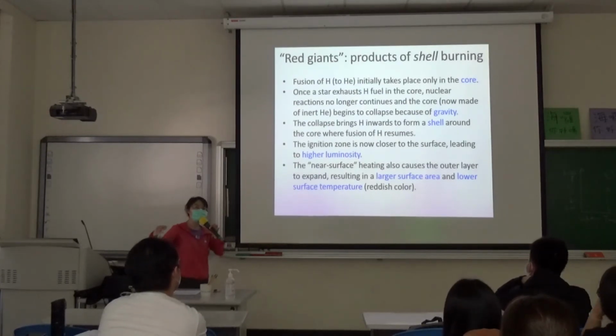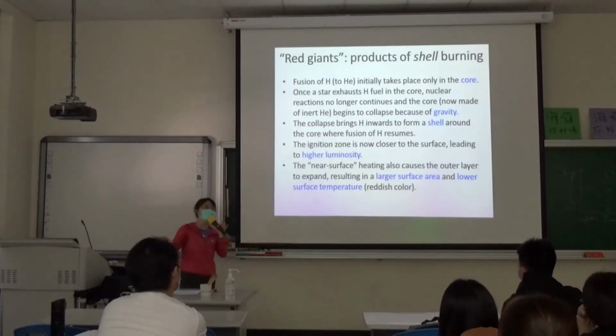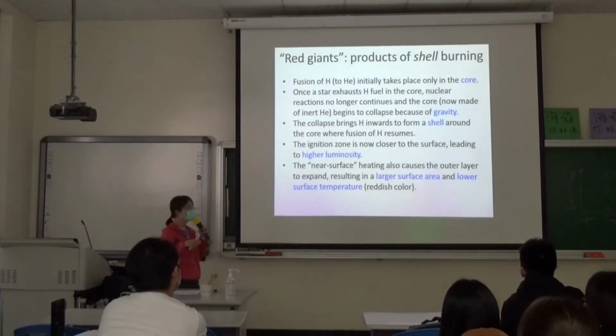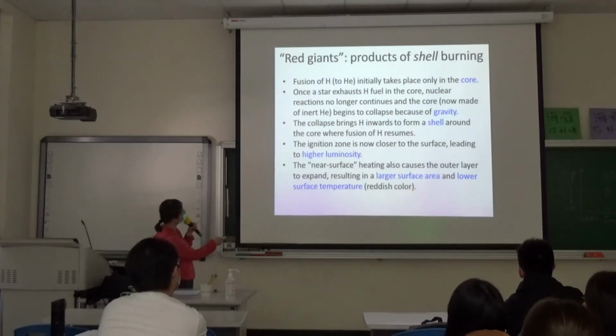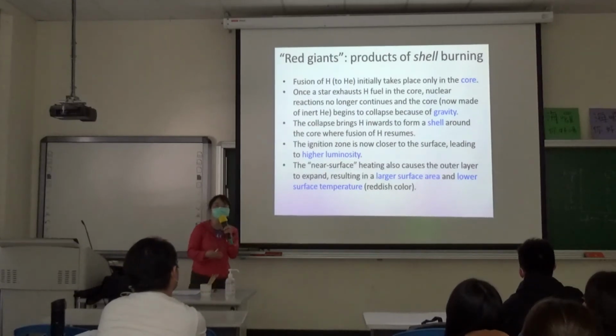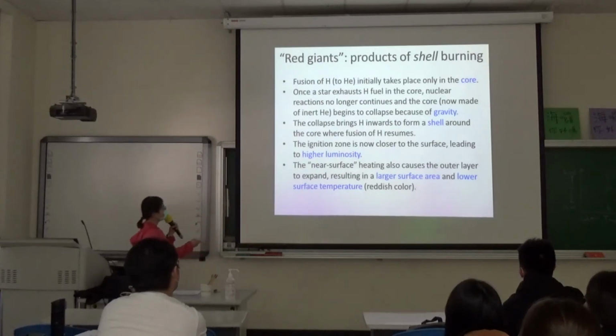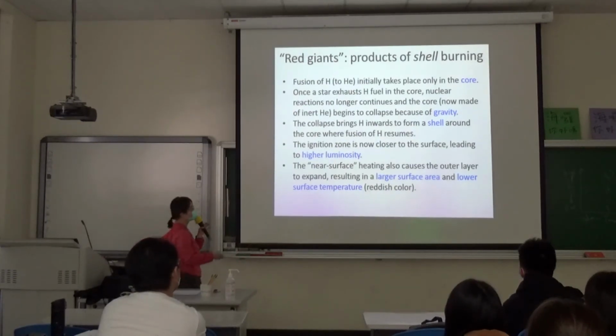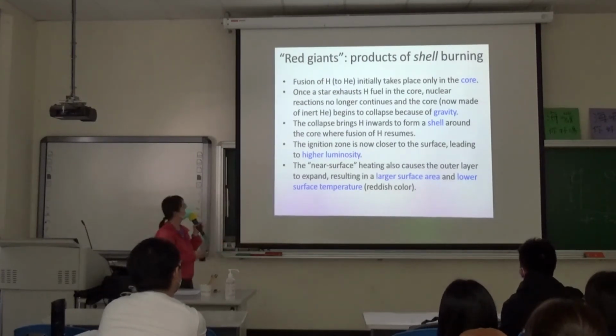The hydrogen, originally in the outer parts of the star, is now brought inwards to form a shell around the core, where the fusion of hydrogen resumes. Resumes means restart. But now the ignition zone is closer to the star's surface. Therefore, the luminosity of the star will increase.